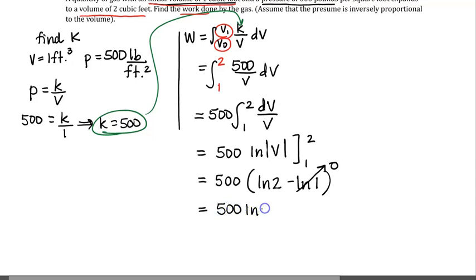We're getting 500 natural log of 2, which is approximately 346.6, and this is foot-pounds.